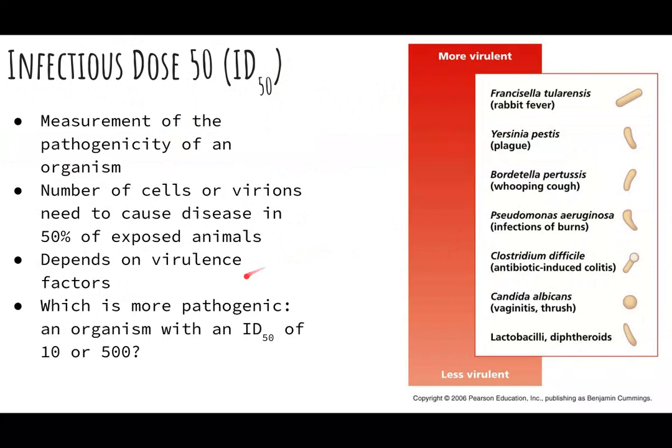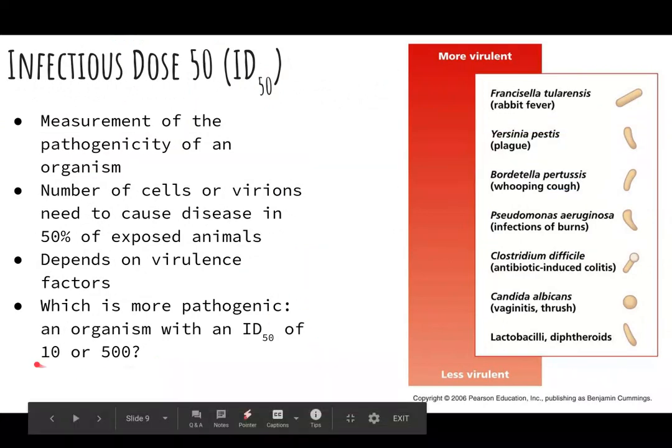So, which would be more pathogenic? An organism with an ID50 of 10 or an organism with an ID50 of 500? An organism with an ID50 of 10 is more pathogenic than an organism with an ID50 of 500.